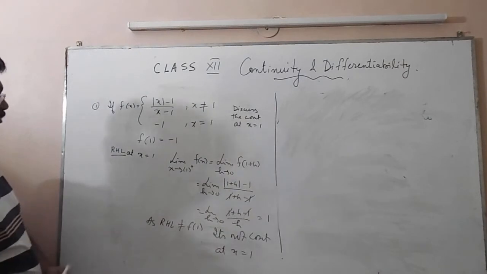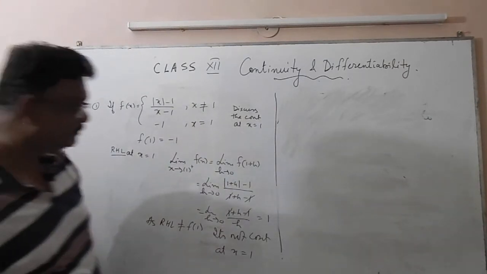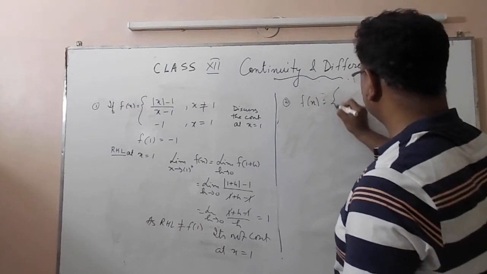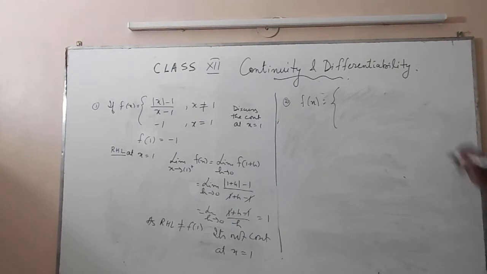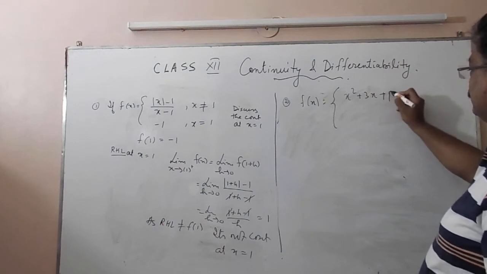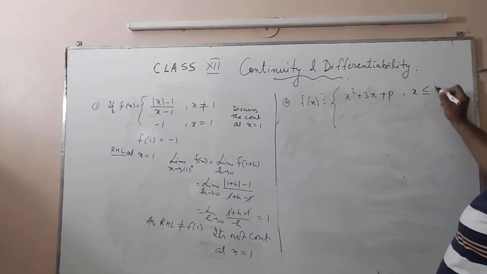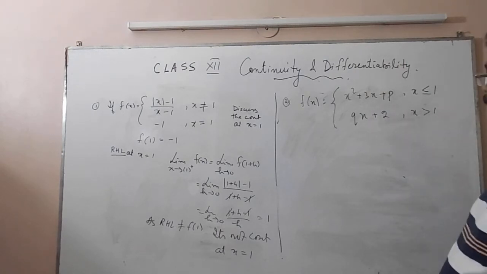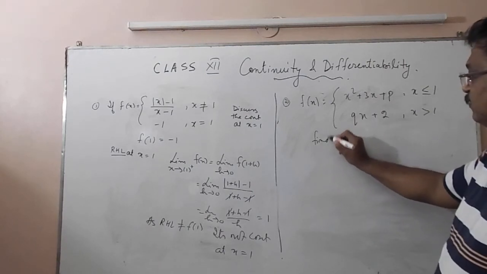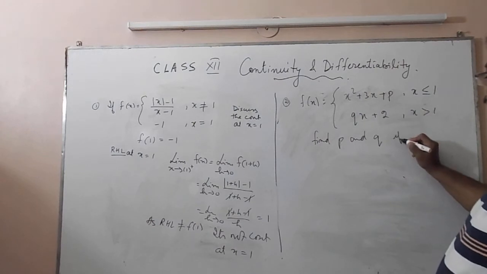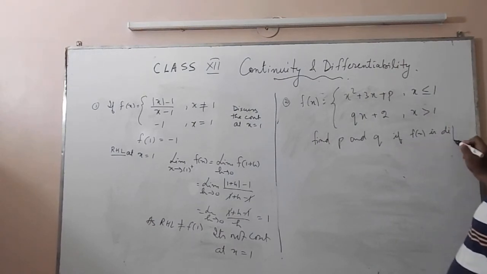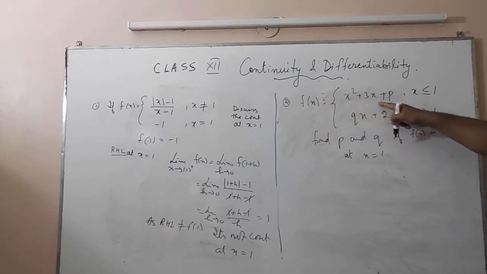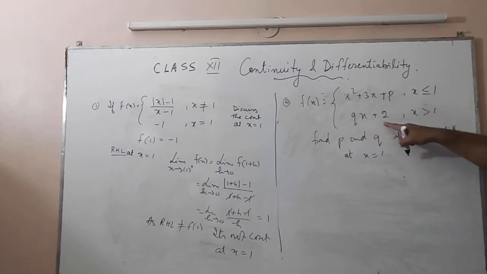Now we take up the second question, which says that f(x) is equal to x squared plus 3x plus p, where x is less than or equal to 1, and qx plus 2, where x is greater than 1.